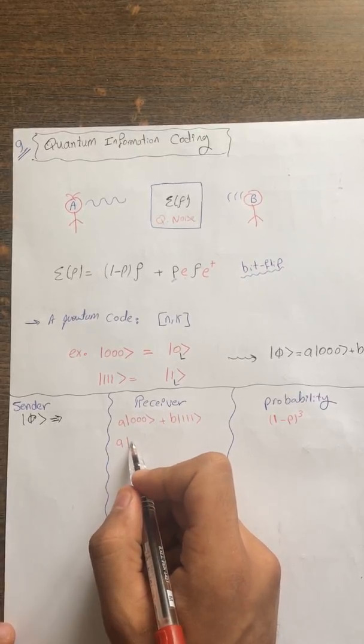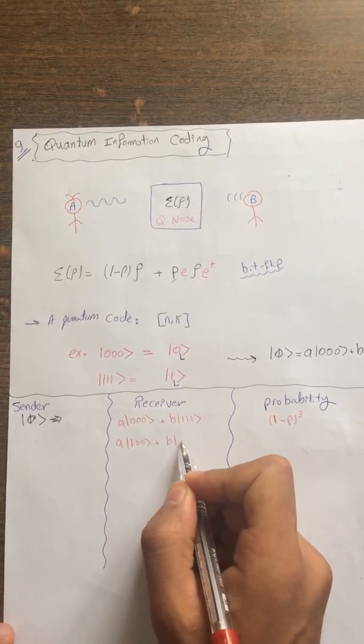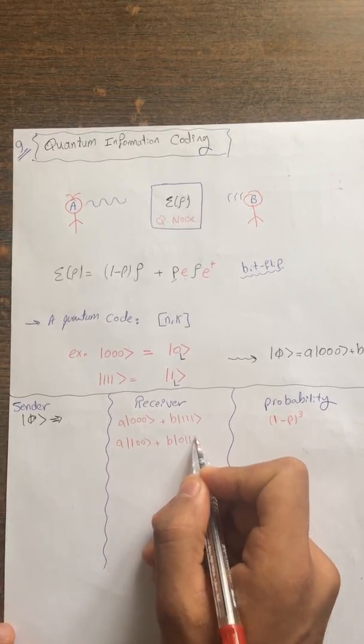So it can be a with 1, 0, 0 plus b with the bit flip 0, 1, 1.